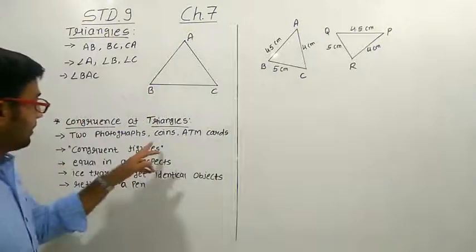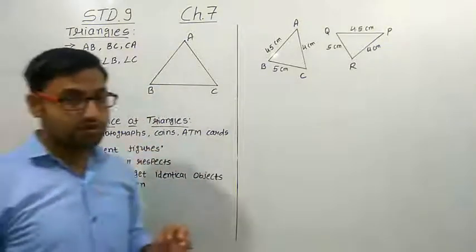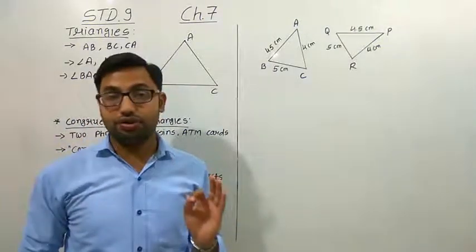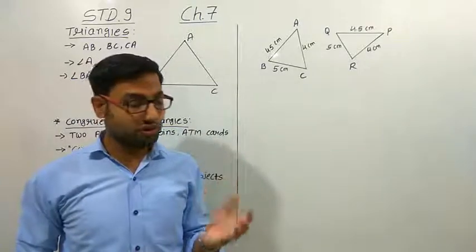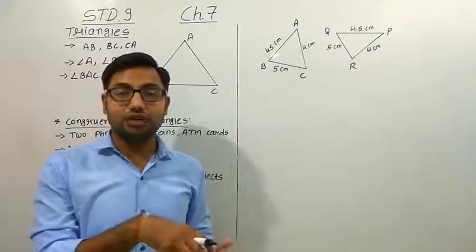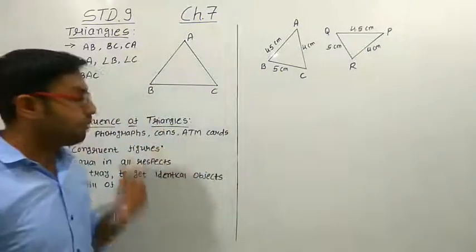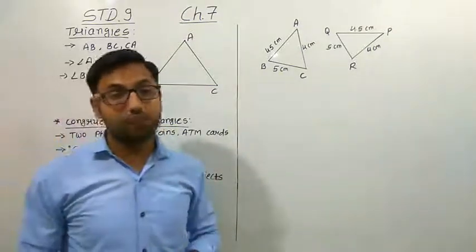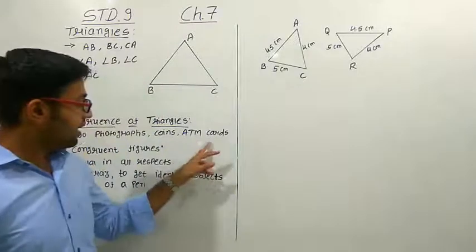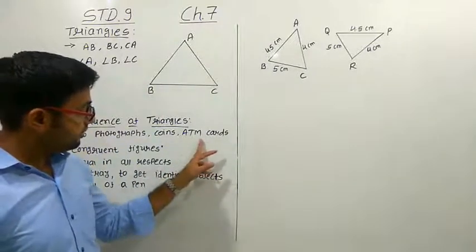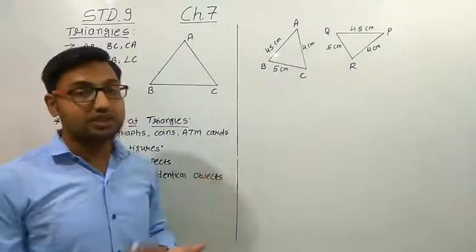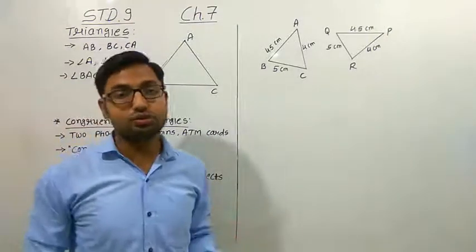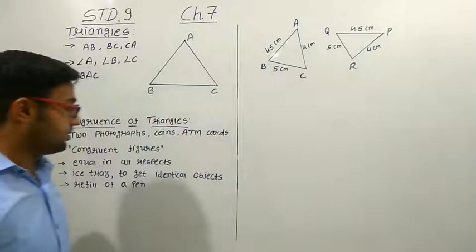In the same way, if there are two coins of the same amount and they are produced in the same year, then if you place them on each other, they will also cover each other completely. Similarly, if the same bank has two ATM cards, and you place both cards on each other, they will also completely cover each other.